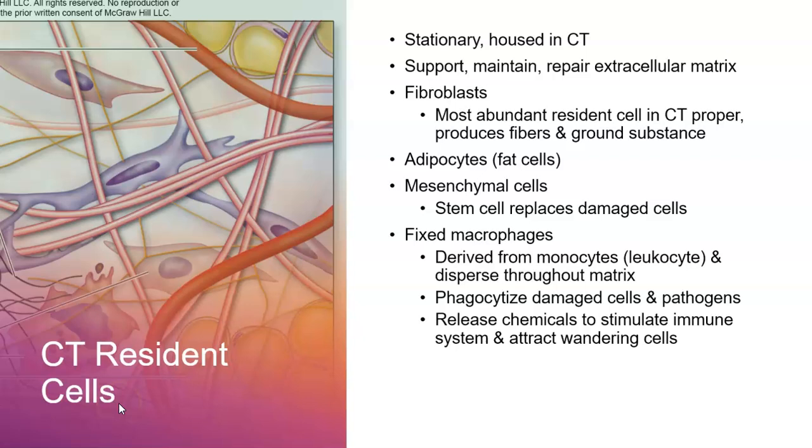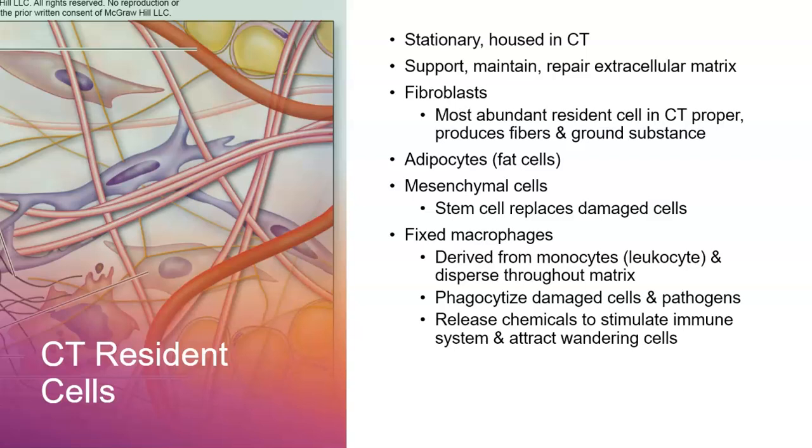The resident cells in connective tissues stay in the tissue, so they're permanently housed in that connective tissue. What do they do? Well, they support, maintain, and help to repair the extracellular matrix. There are several different types of these that stay in place. They're resident cells. These include fibroblasts. Fibra means fiber.